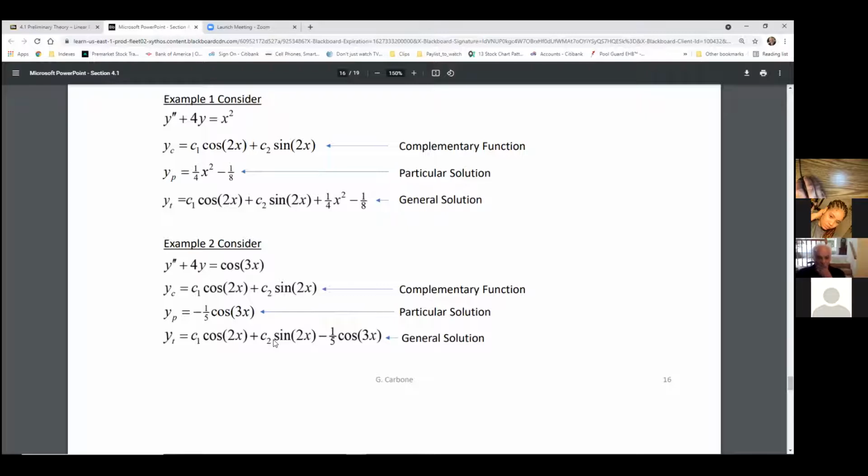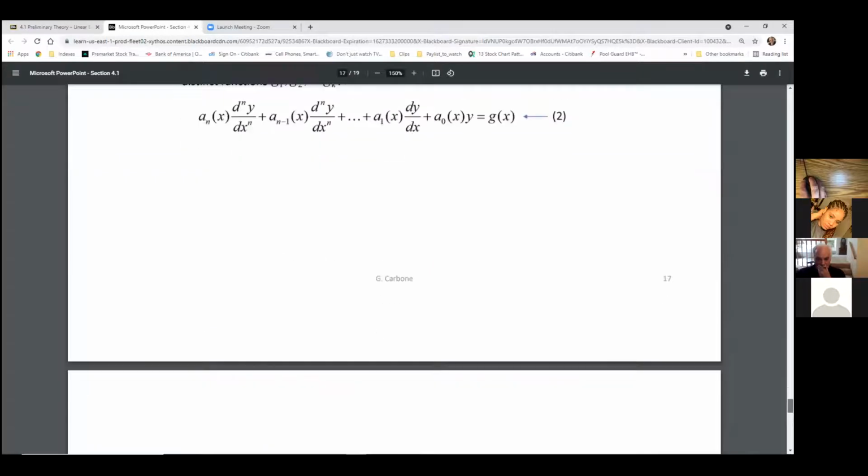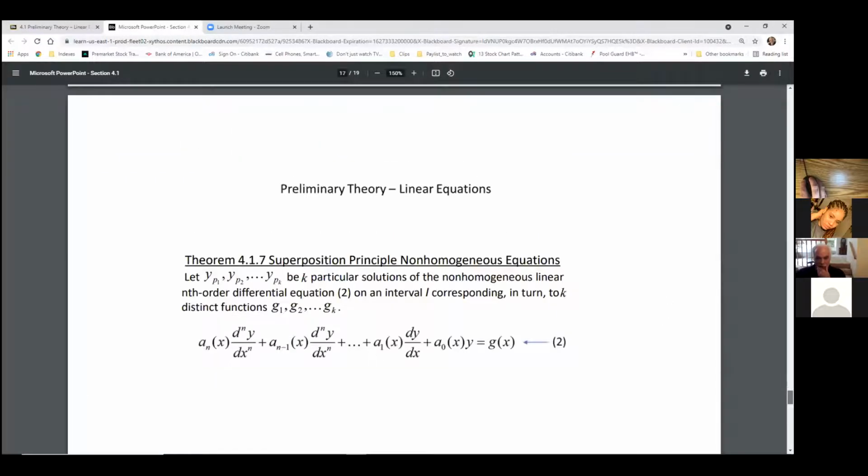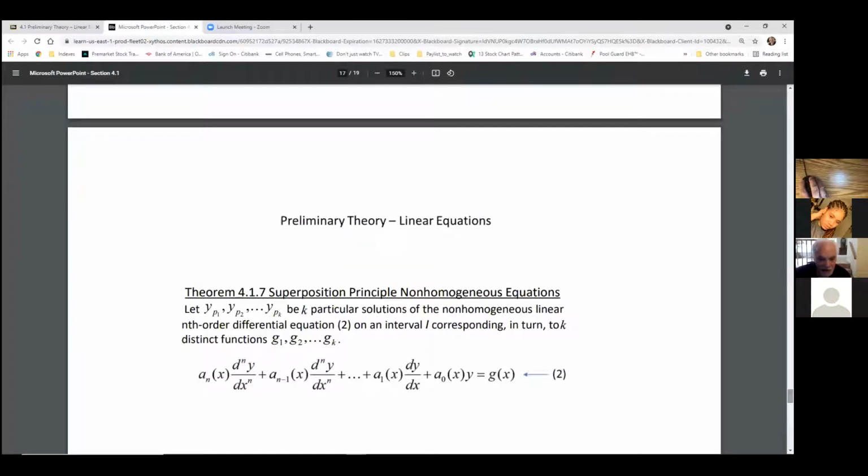Okay, all right, I just got 2 more charts. If you understand the last chart, that's what's important. Understand the example in the last chart. So now we're going to go one step further. We have a differential equation, we have some function g of x here, but now we have multiple particular solutions.